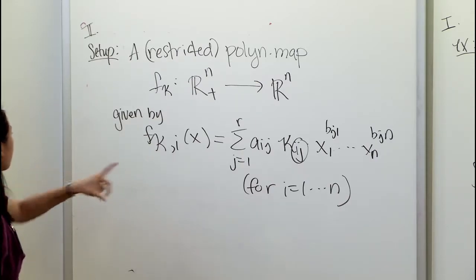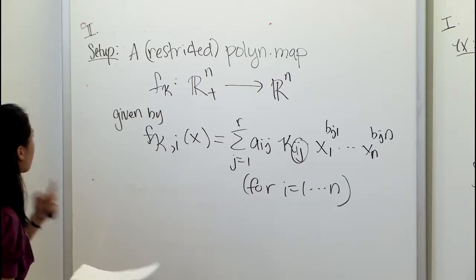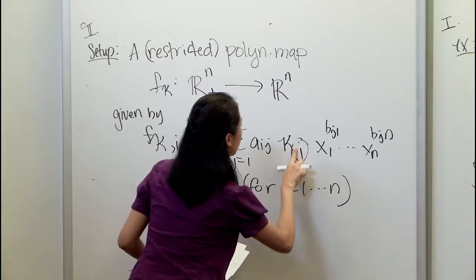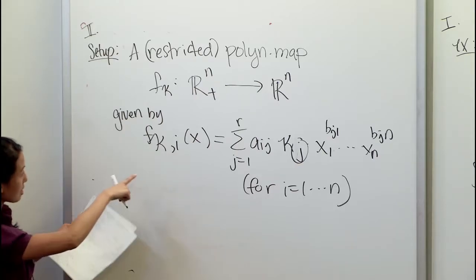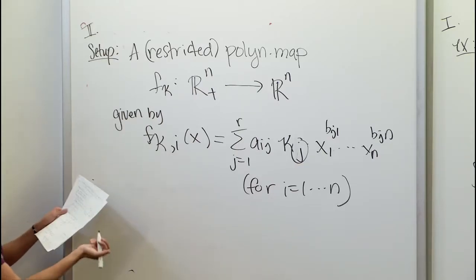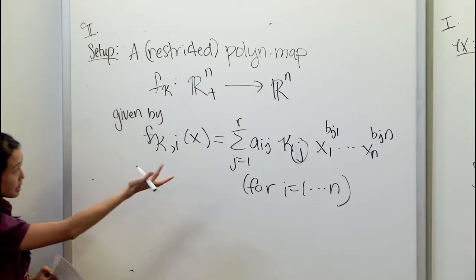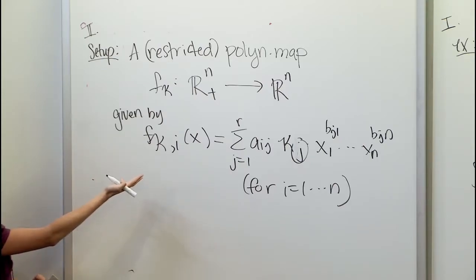Do I want a kappa_ij or do I want a kappa_j? Okay, and so how many do I have? I have n equations, and I can summarize the information coming from the exponents and coming from the coefficients.